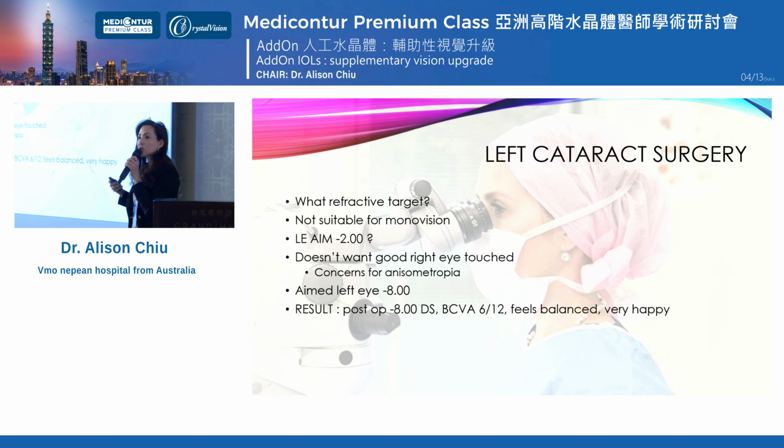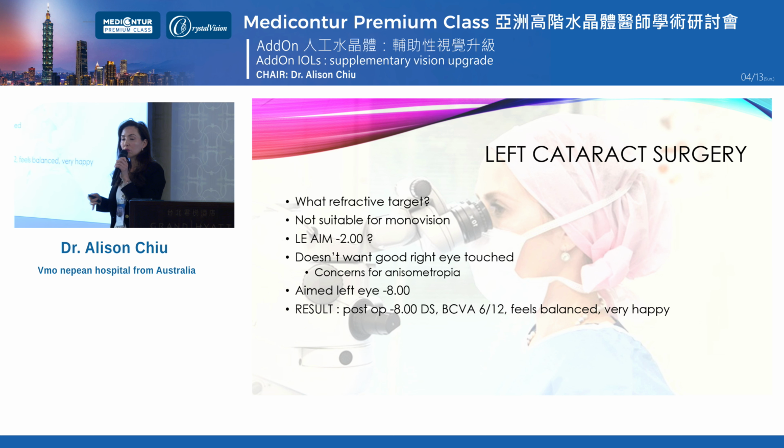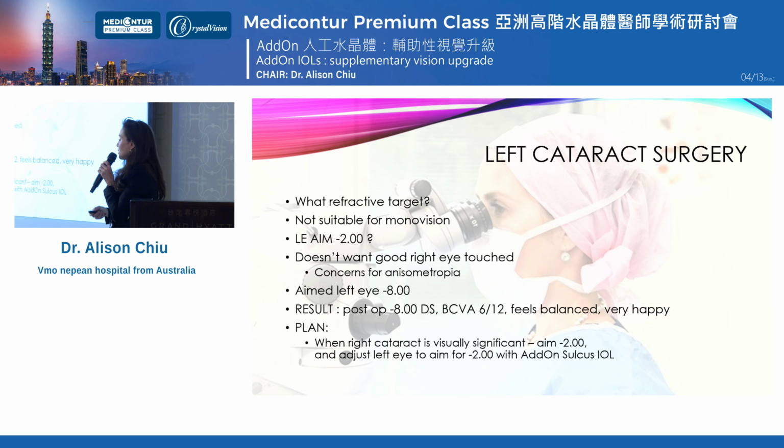So it leaves options open for the future. You can forward plan. It's like an option forward plan for an add-on down the track to change the refractive result. So at this stage, I still see her on a yearly basis, and she's doing well, she's happy. She doesn't have a visually significant cataract yet in her right eye, so she's -8 both eyes.